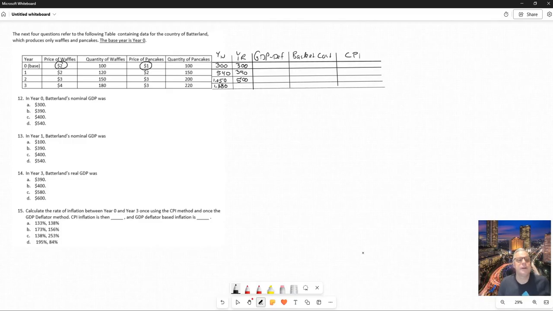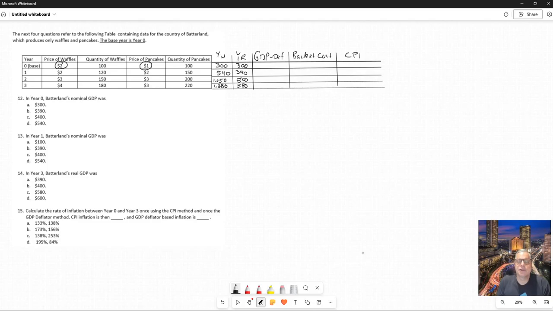And for year 3, 180 times 2, 360, plus 220, 360 plus 220, that's 580. Okay, so now we have nominal GDP and real GDP.